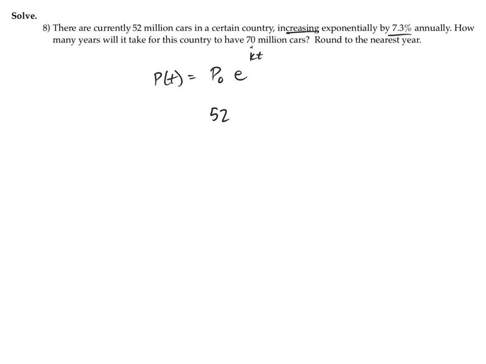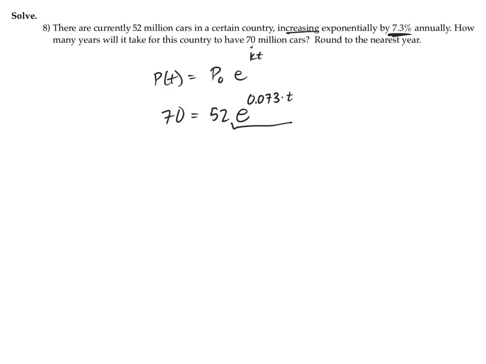So I start with 52 million cars, and I'm ending with 70 million cars, and they say 7.3%, so this k will be 0.073 times t. I need to solve for t.